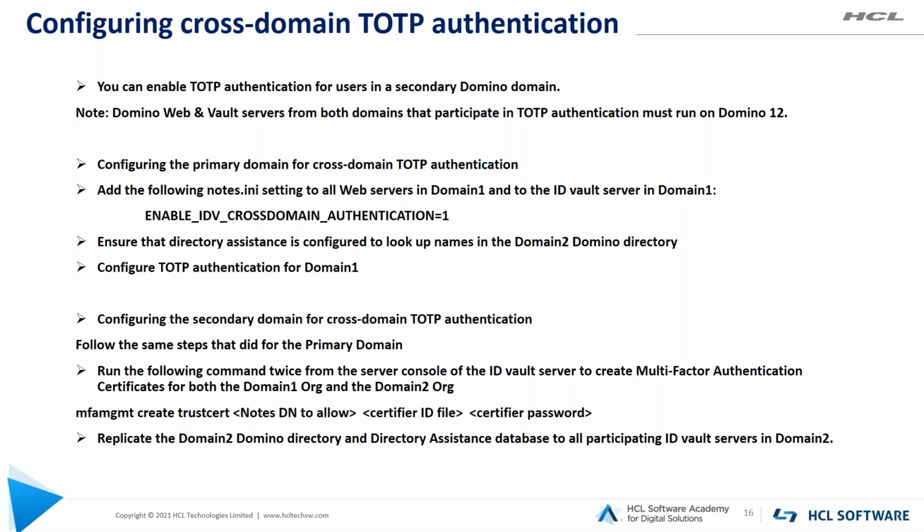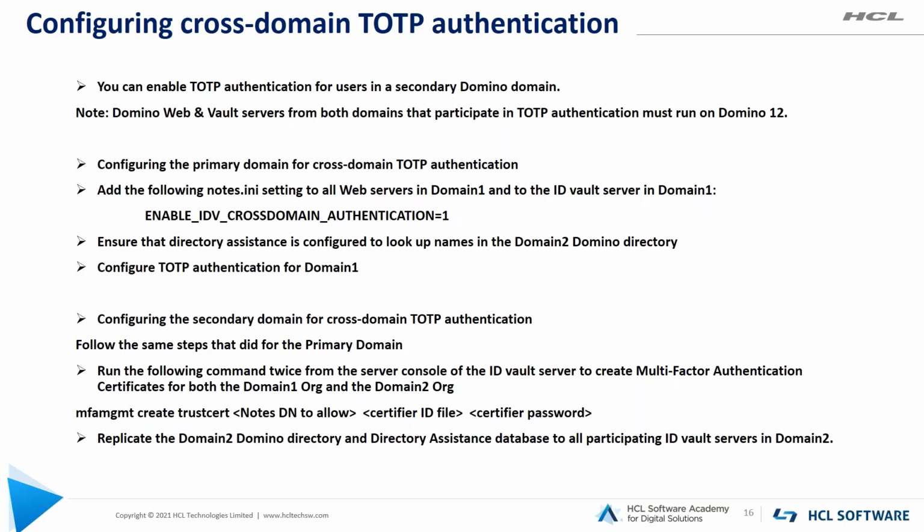The first step is to add the INI entry enable IDV cross-domain authentication equal to 1 into all web and ID Vault servers in domain 1. Now you can complete all the TOTP configuration for domain 1.